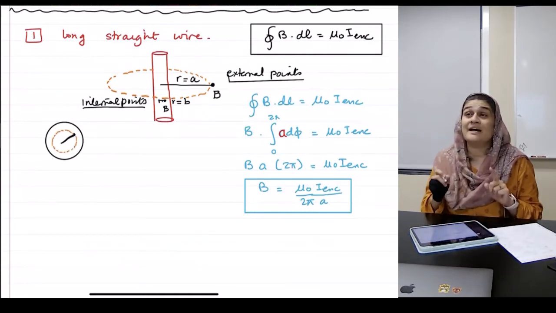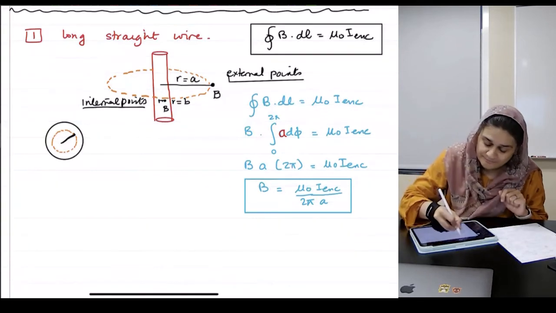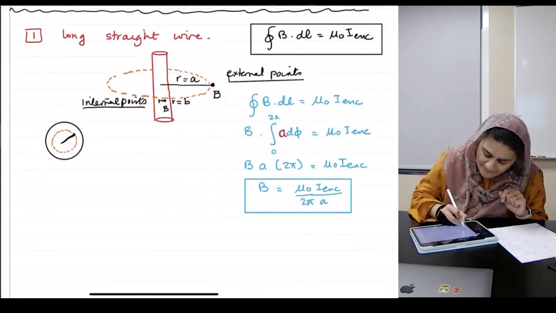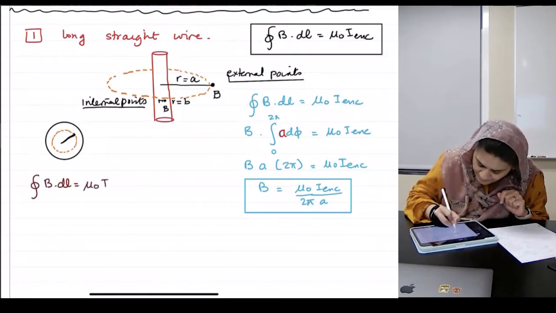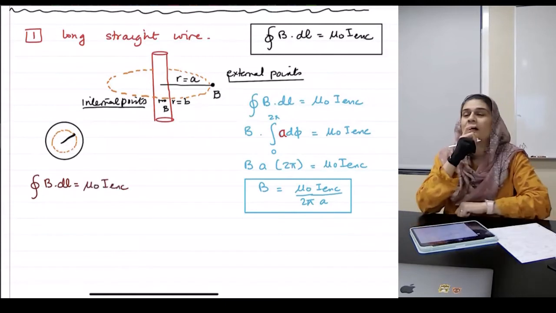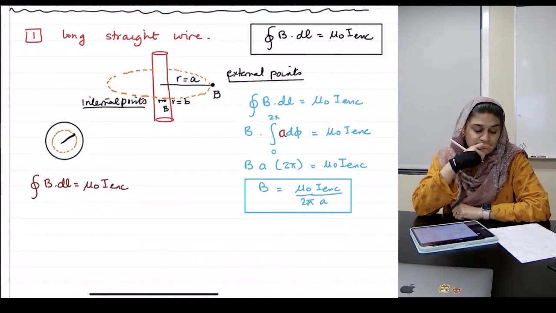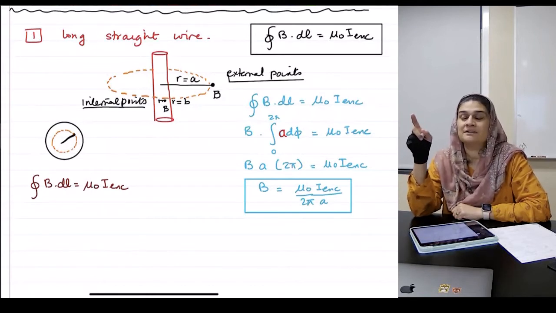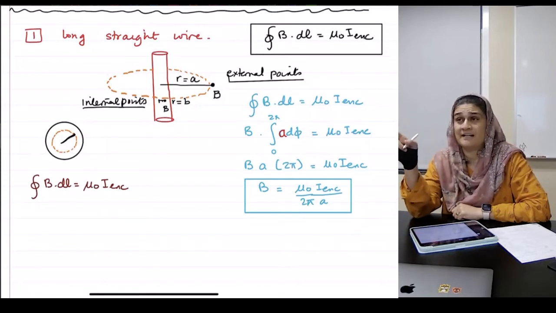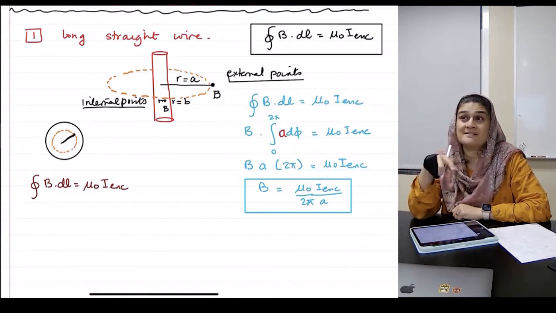Just like we were doing for Gauss's law, the left-hand side of the Gauss's law represented the Gaussian surface, correct? So in this case, the left-hand side will represent the Amperian loop.